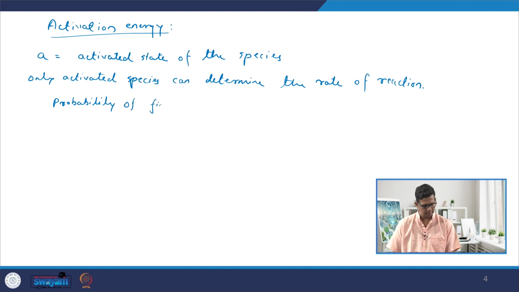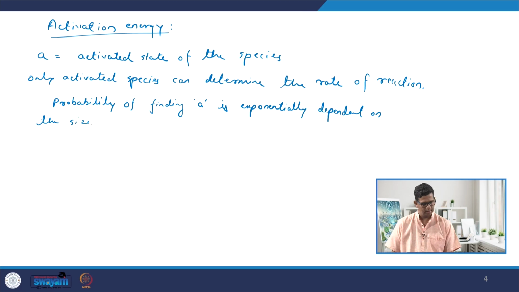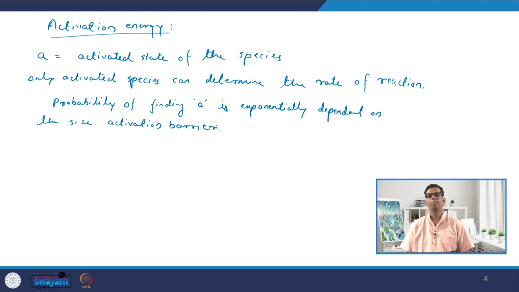So the probability of finding the activated state A is exponentially dependent on the size of your activation barrier. Till now we mentioned that this barrier is nothing but the reaction barrier.